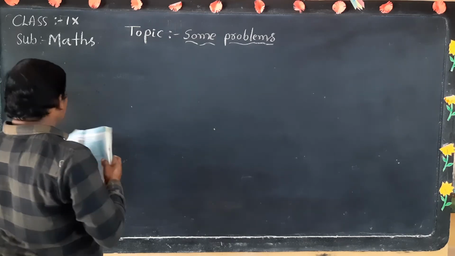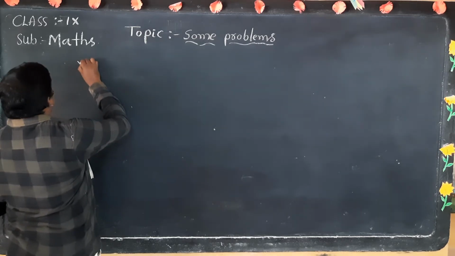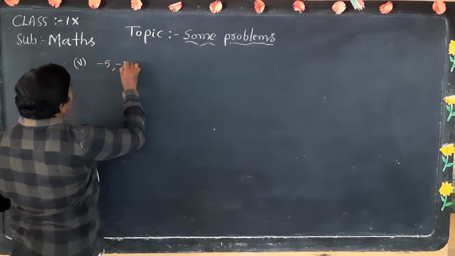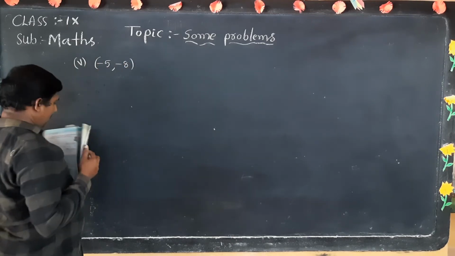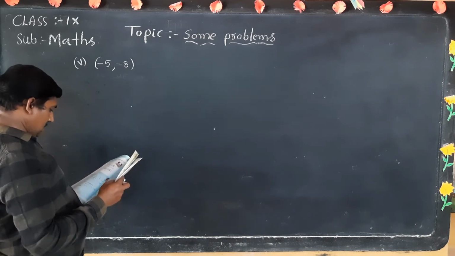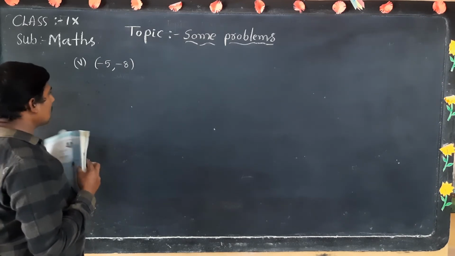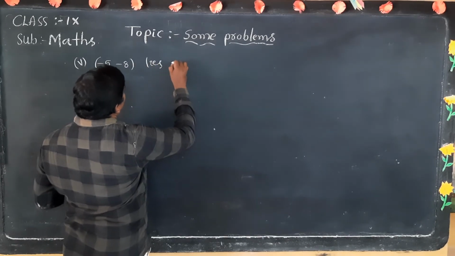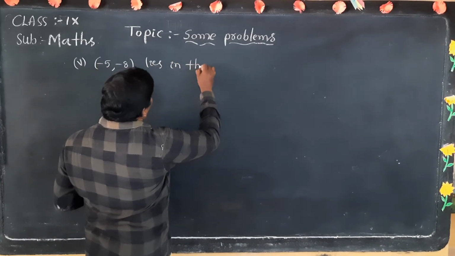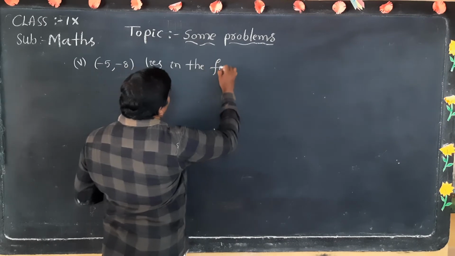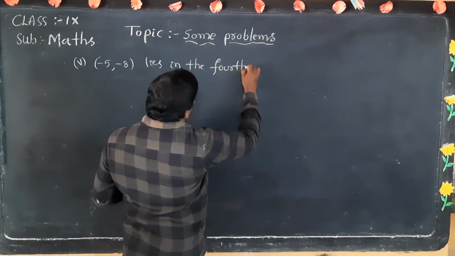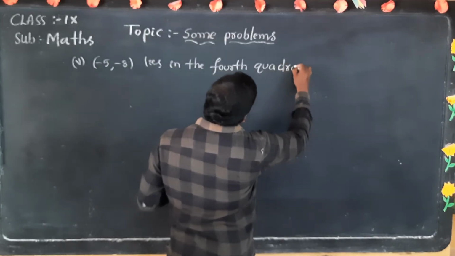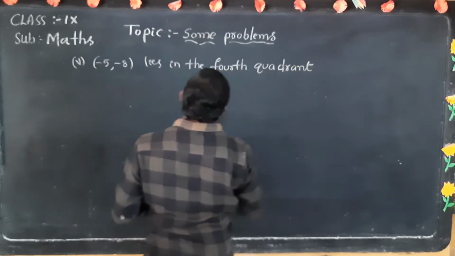Minus 5 comma minus 8 lies in the fourth quadrant. Fourth quadrant.